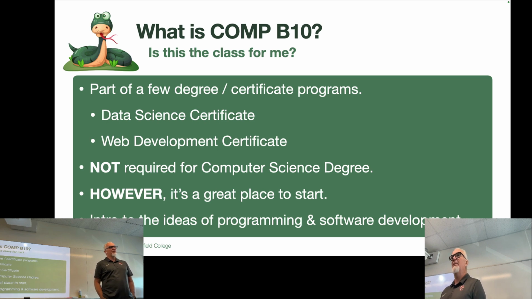So that's the degree program for computer science. However, if you're really new to coding and you want to consider maybe doing computer science, this is a good class to start with, because I'm going to take you from like 0 to, I don't know, pretty good.